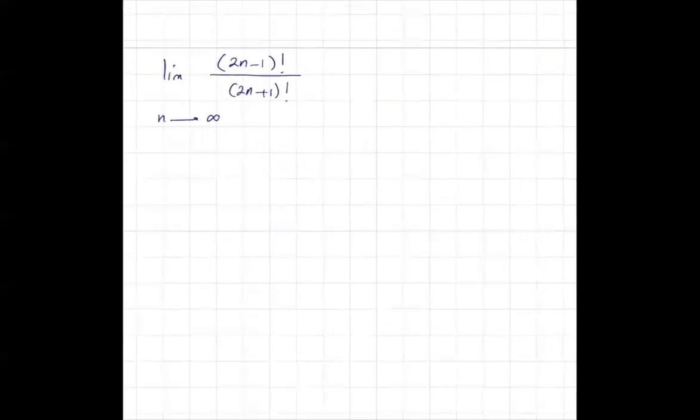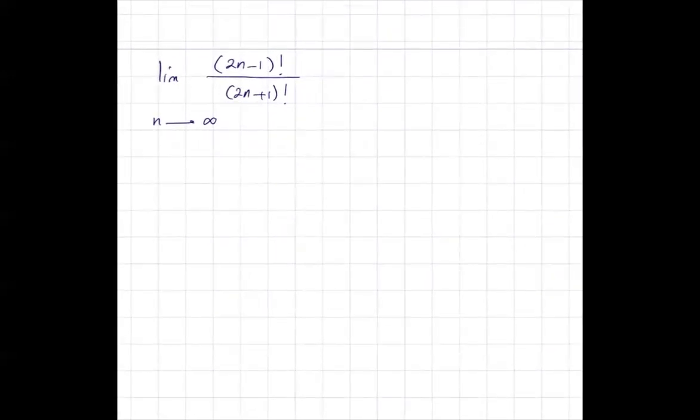We want to find the limit of the sequence (2n minus 1) factorial divided by (2n plus 1) factorial as n goes to infinity. To calculate this limit, you can try direct substitution.